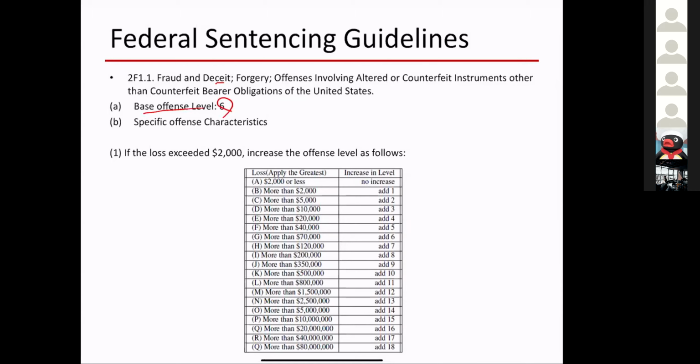If you steal more than $70,000, your sentence will be increased by six more levels. For example, if the loss exceeds $2,000, the following offense is 1 year.